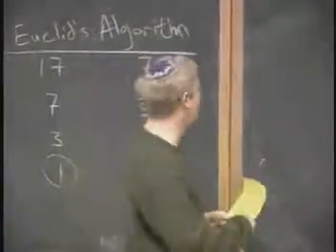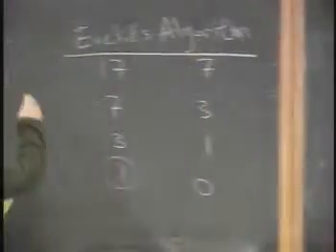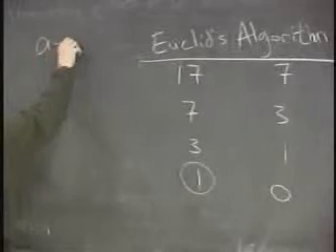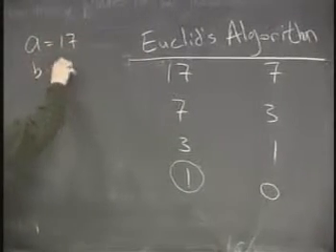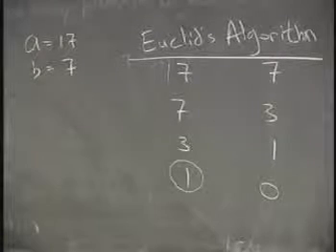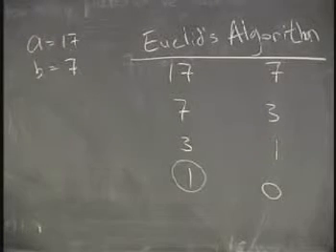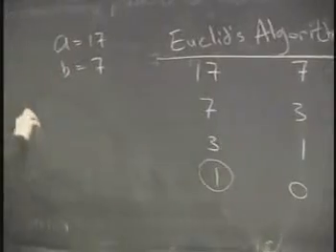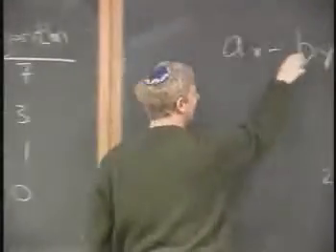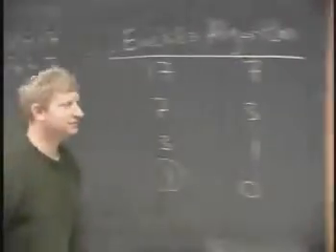Just to make sure that nobody's lost, let's make sure that everybody knows that in this case, if, say, A was 17 and B was 7, then what are the X and the Y? 2 and 5. Negative 2 and 5. X and Y are supposed to be positive numbers.